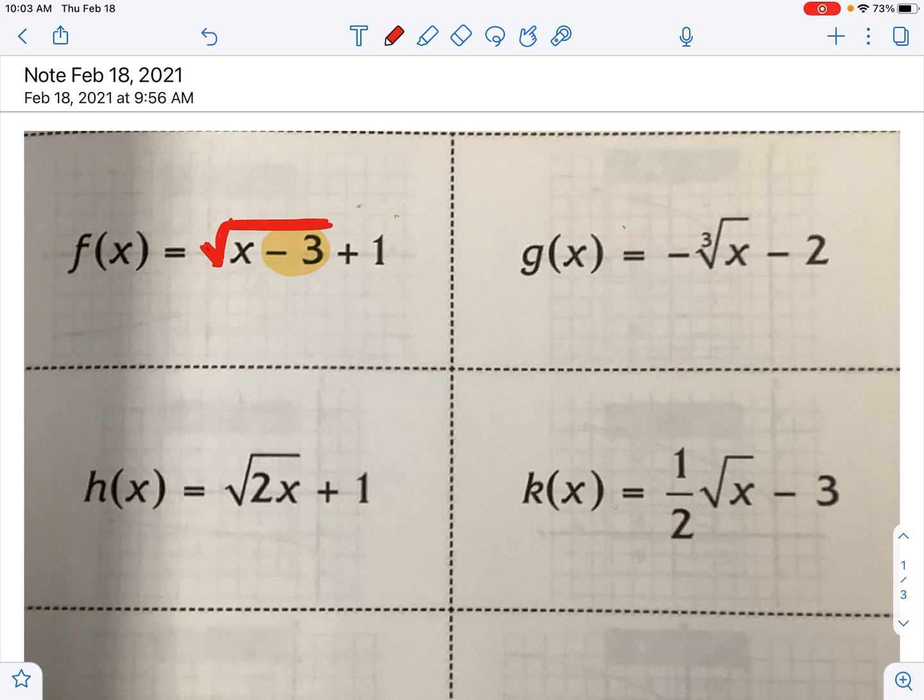It's going to move the vertex right or left. And what you have to keep in mind is that it's always going to be the opposite direction of what you think.